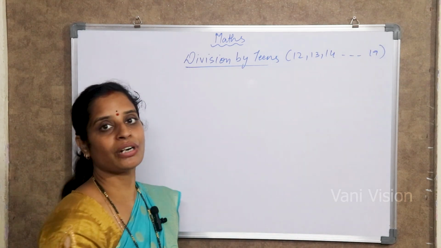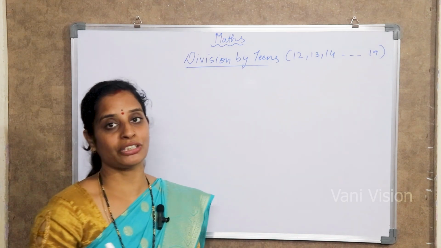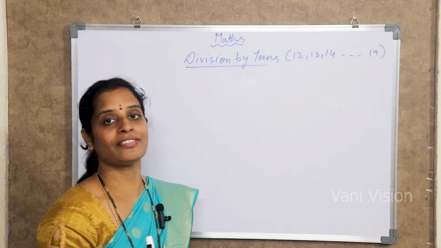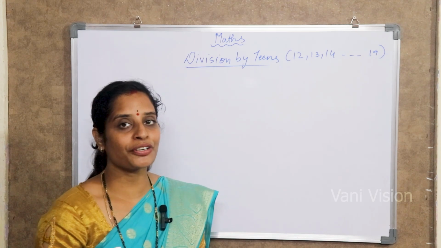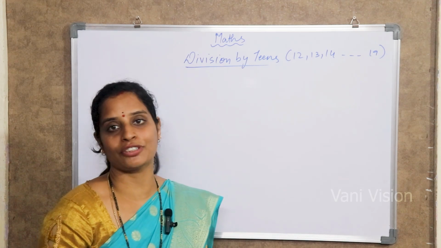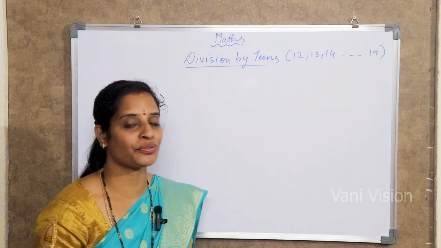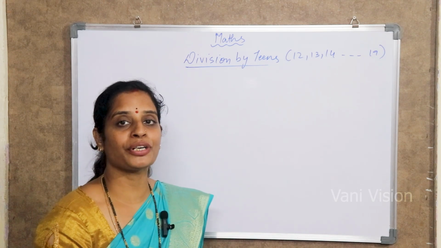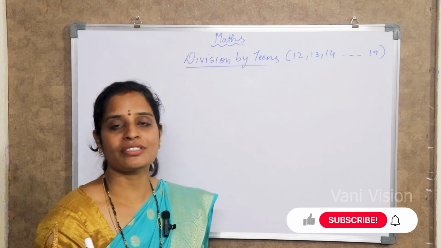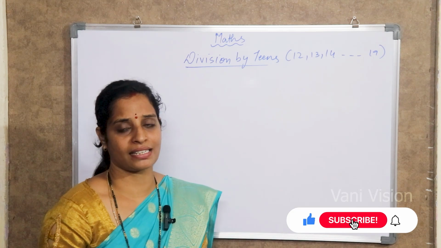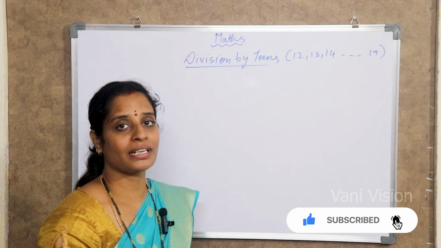In this video I am going to tell about the division by 12 first, and this division can be done without using a table. Clear? We are not going to use any 12 table, 13 table, 14 table, any table over here. But we are still going to do it within 5 to 6 seconds.